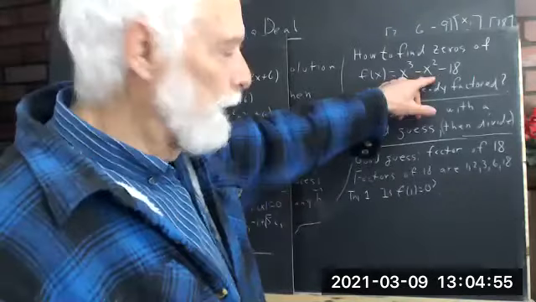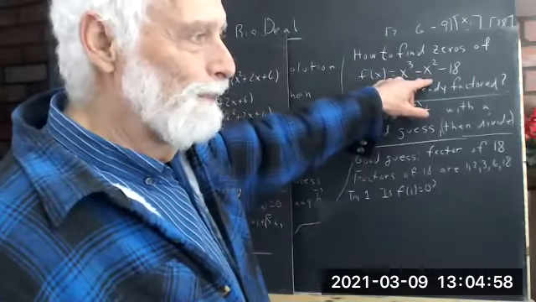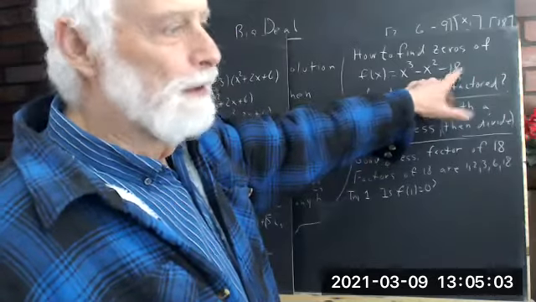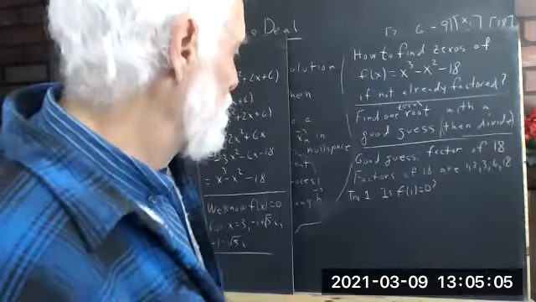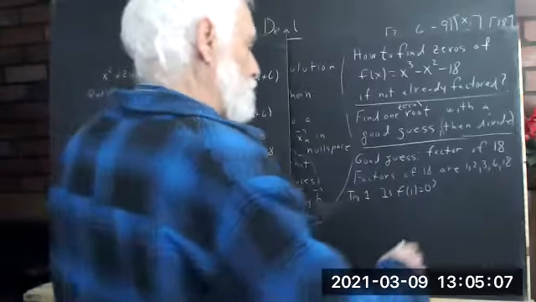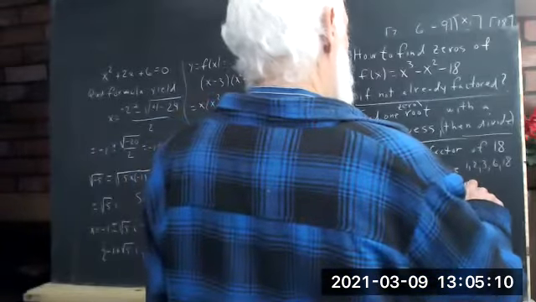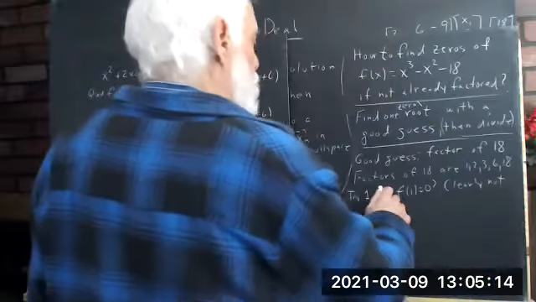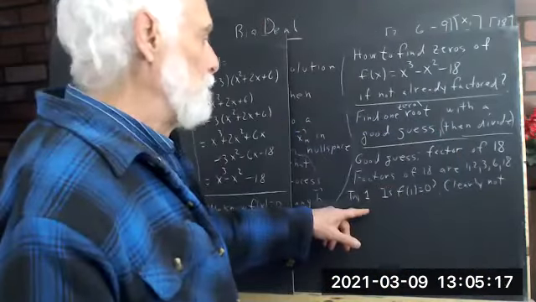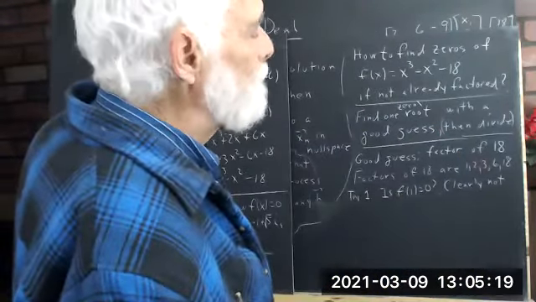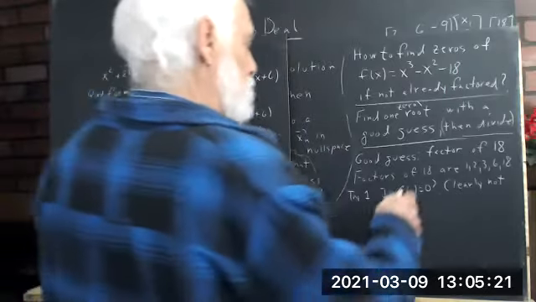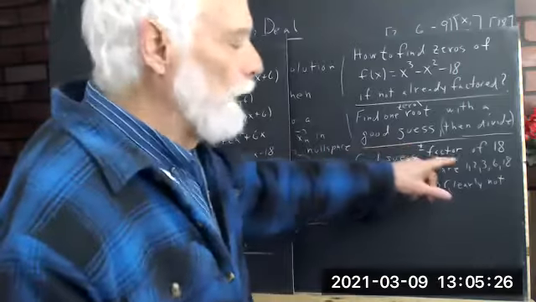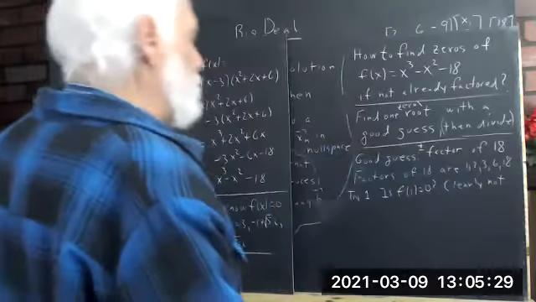Because if you put 1 in here, you get 1 minus 1. Those numbers are too small to combine with 18 and give you 0. Now, you would also want to try -1. And what I should have said here would be plus or minus a factor of 18, okay?